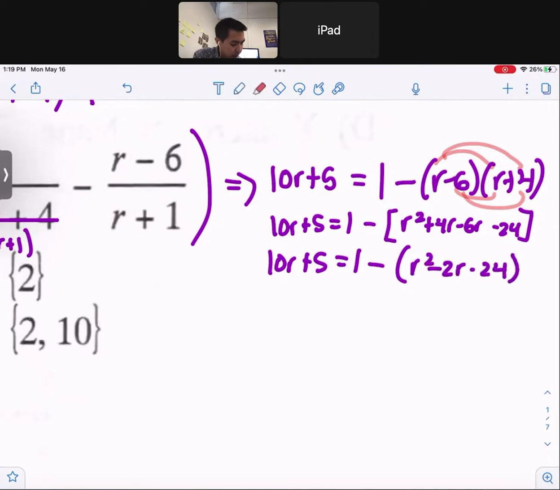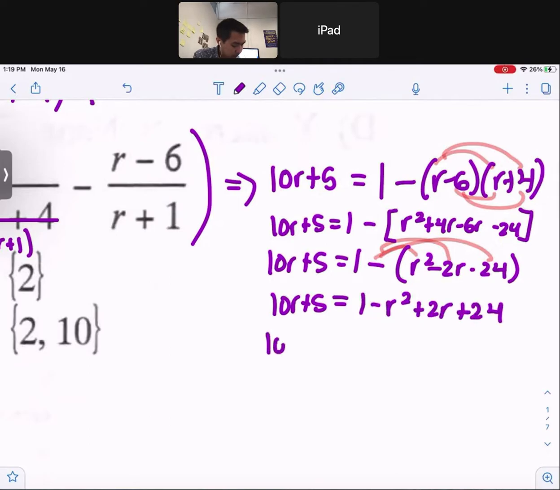And now let's finally distribute this negative to all of that. 10r plus 5 equals 1 minus r squared plus 2r plus 24. The only thing we can combine on the right hand side is that 1 and that 24 to make 25.